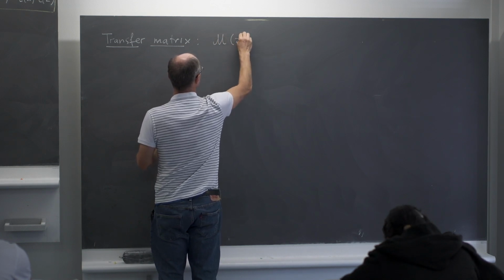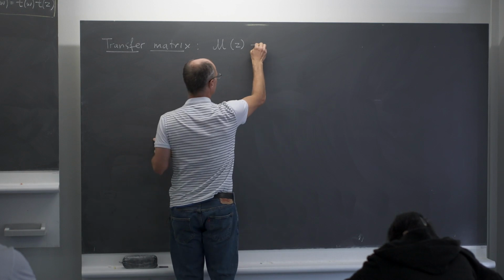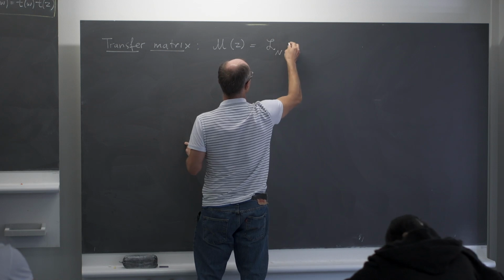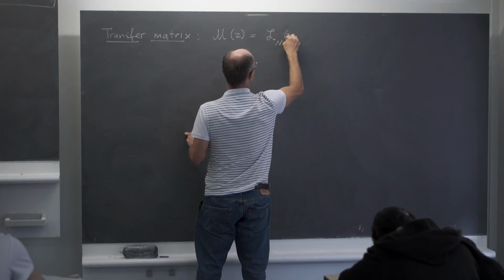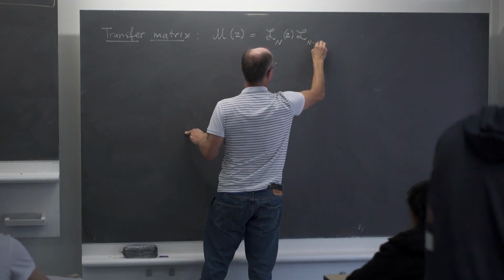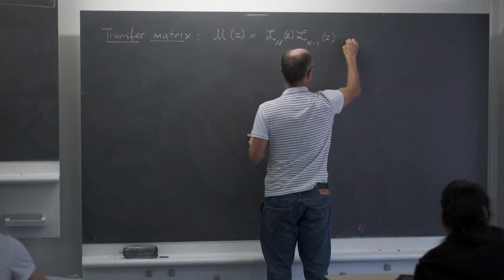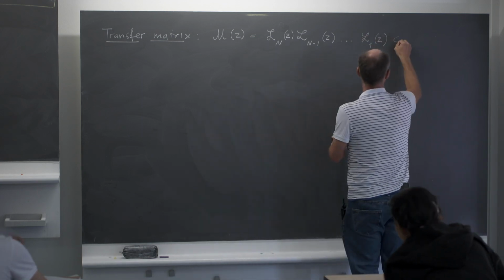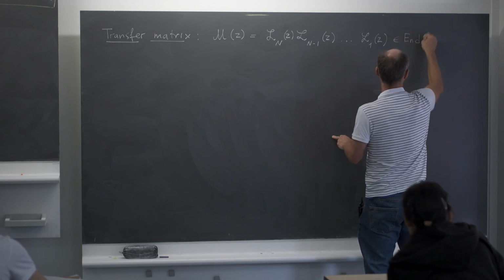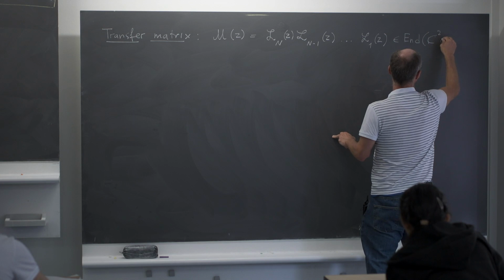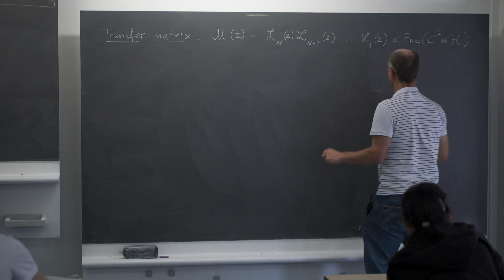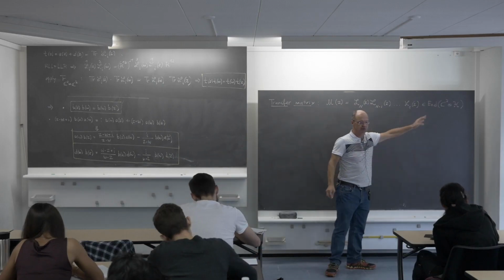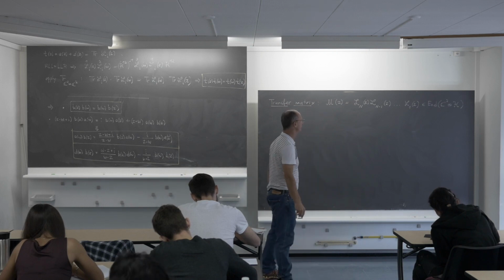It again depends on the parameter z, and it is simply a product of all the L's. Again, that's an operator acting on the auxiliary space. I decided to multiply them in this order. One can choose an opposite order if one wants.